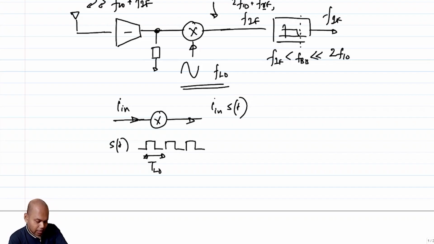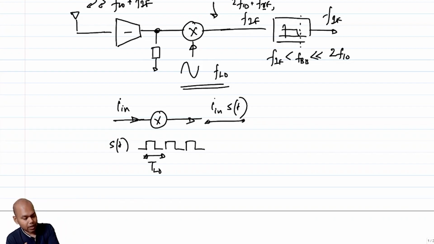Which naturally means that the frequency component of I_in times S(t) will be the frequency of I_in convolved with the frequencies of S(t), and since S(t) has a non-zero strength at FLO, we kind of get a mixing operation.